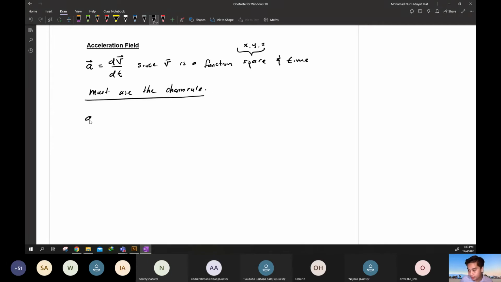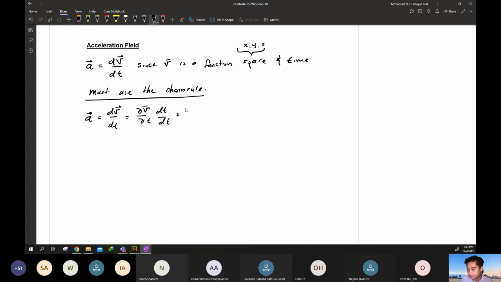So a equals dv over dt, which equals the partial derivative of v over the partial derivative of t, multiplied by dt over dt. This is what we want to see in terms of time.